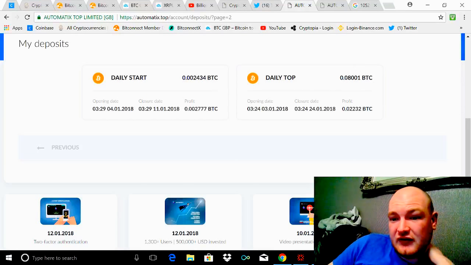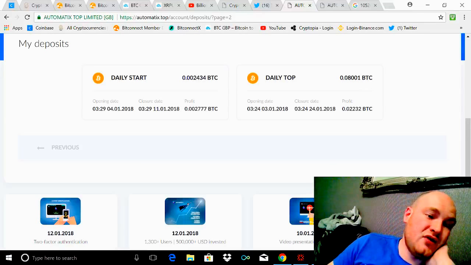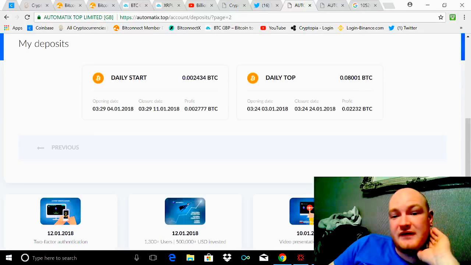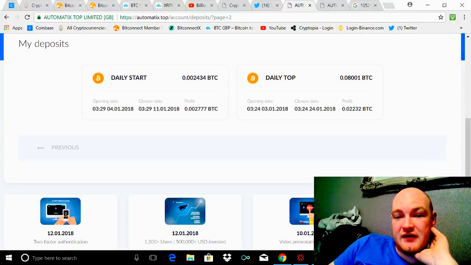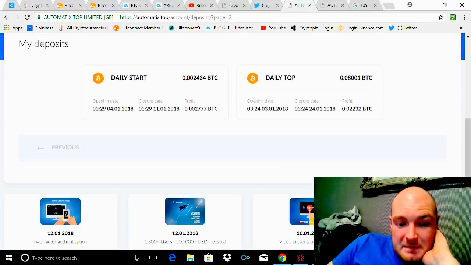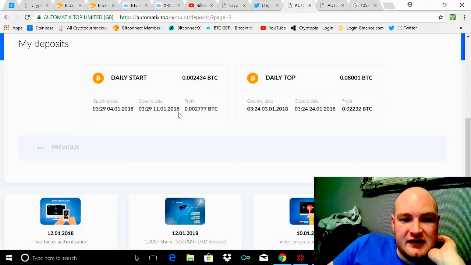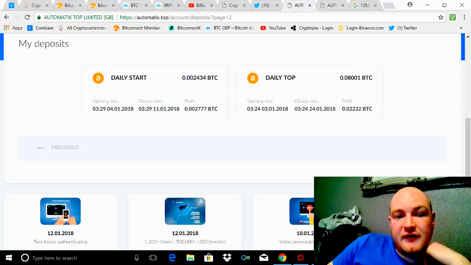As you can notice, it is a BTC value, because I done it when Bitcoin was sitting at about 15,500. So I was paid this the next day, and I reinvested it. So that was on the 4th of January, and it was actually released to me on the 11th.